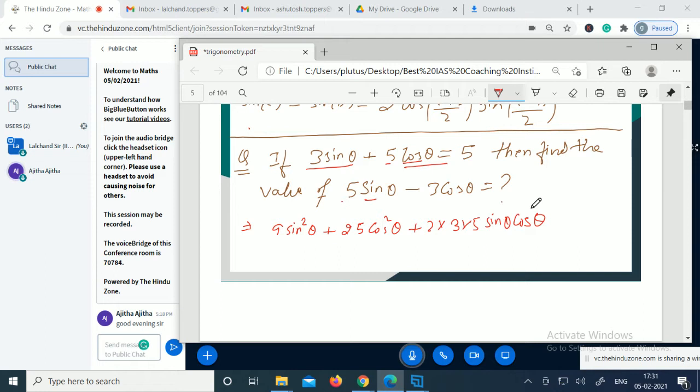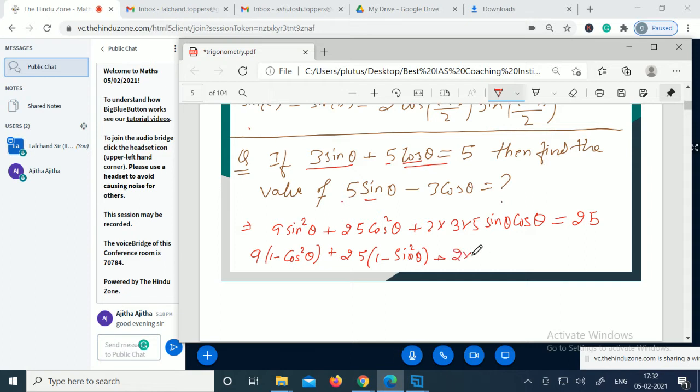equal to 25. If I change this into cos theta and this into sine theta, what will be the value? 1 minus cos square theta, 25 into 1 minus sine square theta. And this quantity is the same.